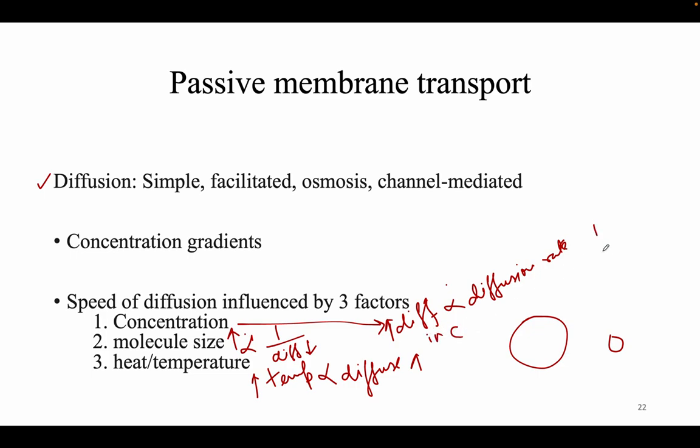Suppose you have one tube where there are lots of these molecules present, and you connect it with another tube where very few are present. The diffusion rate will be really high, because the molecules will move from A to B, and the diffusion rate will be really high.